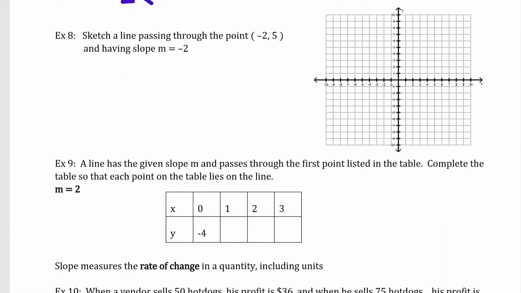Example 8, sketch a line that passes through the point (-2, 5), and having a slope of m equals -2. So it might help if we put that -2 over 1. So we would go down 2, right 1. So let's plot the point (-2, 5).